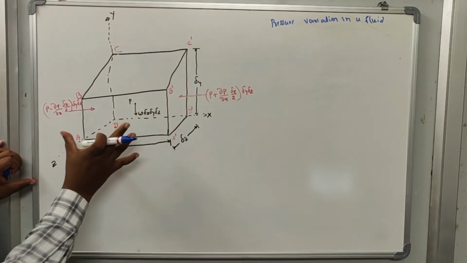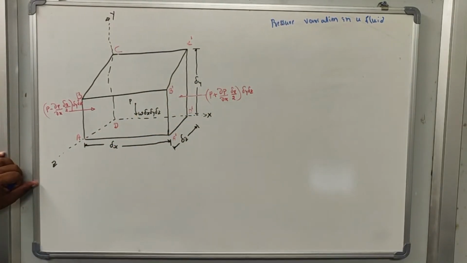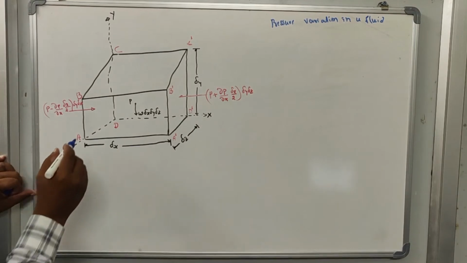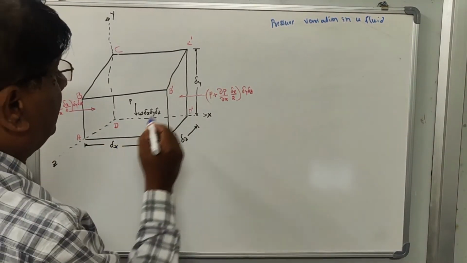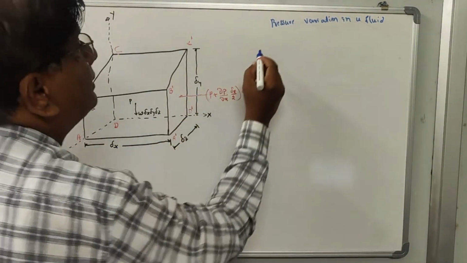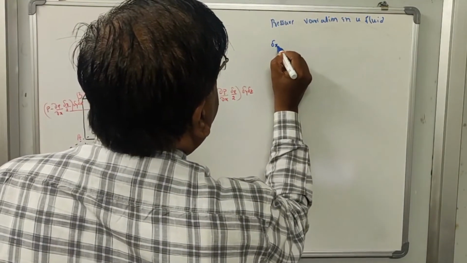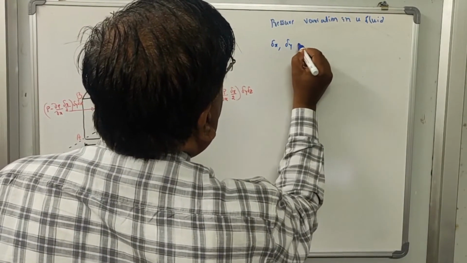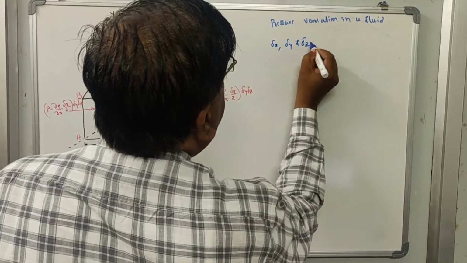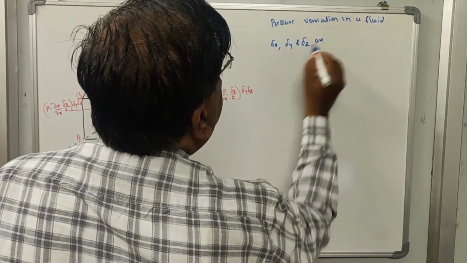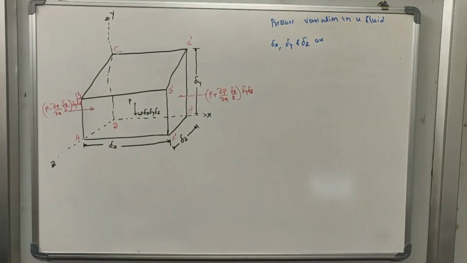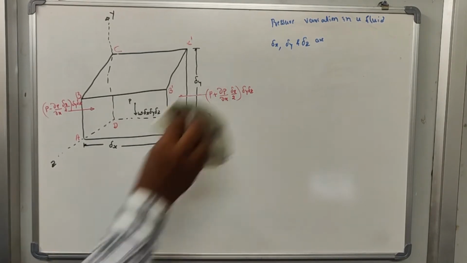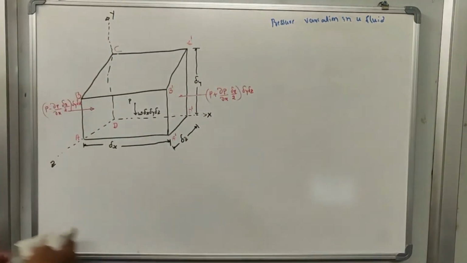The shape of this fluid element is a parallelopiped, having the dimensions delta x, delta y, delta z. Delta x, delta y and delta z are the sizes of the parallelopiped.